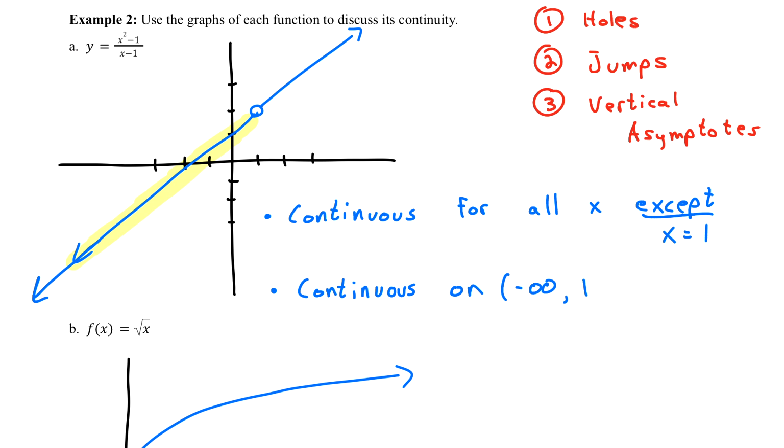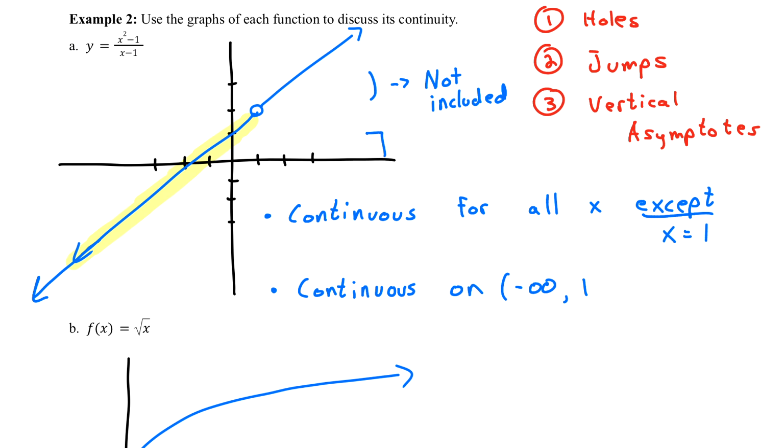And now we need to make a decision. Do I want to use parentheses around 1, or do I want to use a bracket around 1? If I were to use parentheses around an endpoint, that means that number is not included in our interval.